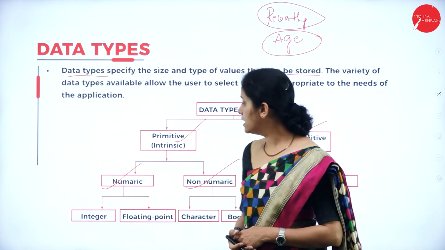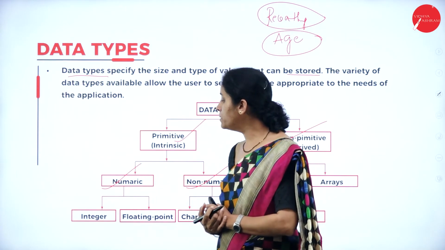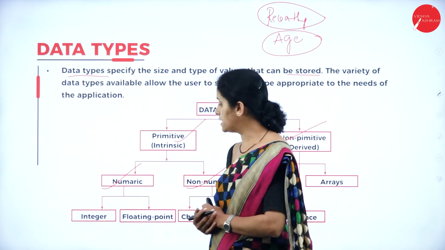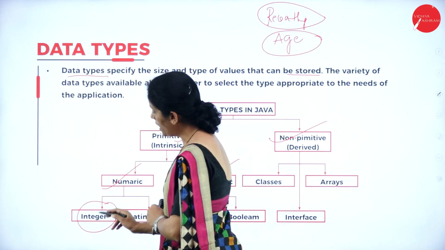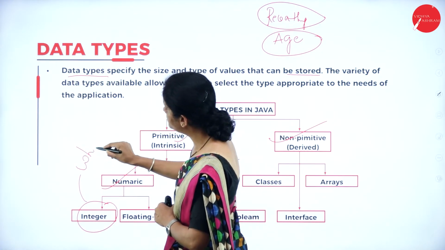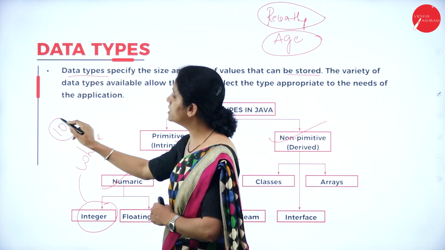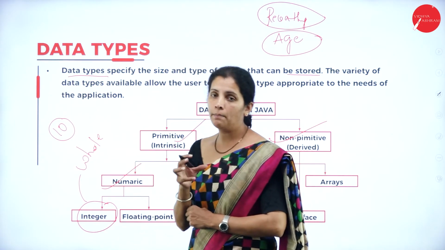Anyway, dear student, let's discuss the different types of numeric data types, that is integer. So what is integer? That is nothing but a whole number. For example, I have 10 rupees. So it is my whole number.